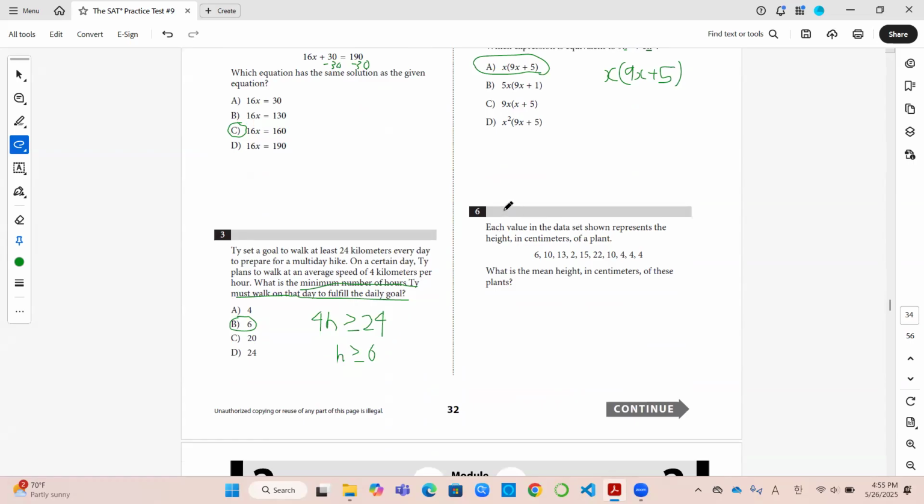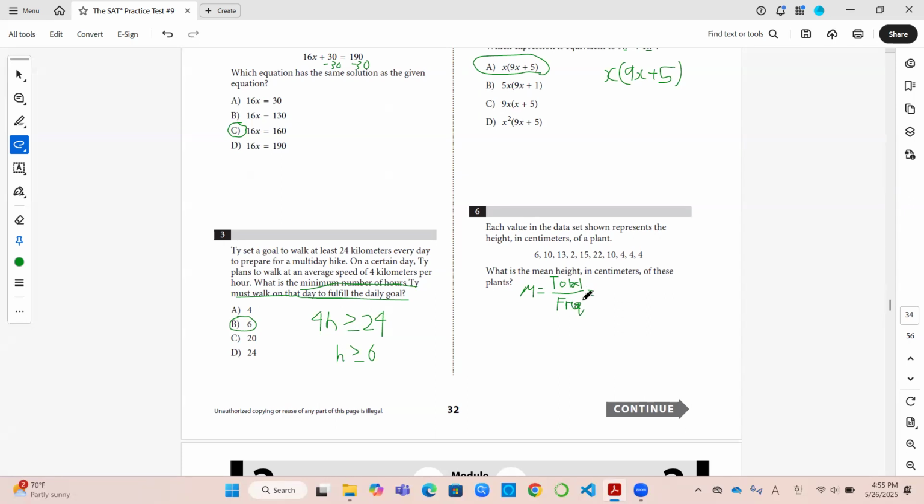Number 6. Each value in the data set shown represents the height in centimeters of a plant. What is the mean height in centimeters of these plants? The mean is total divided by frequency, frequency as in the number of plants here.